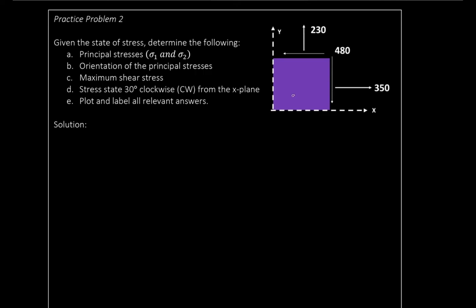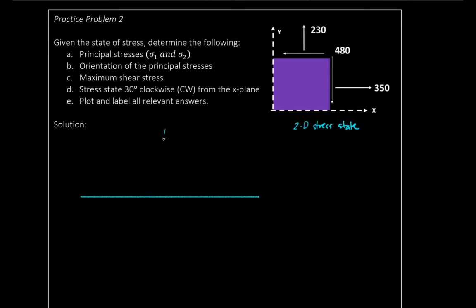In all of this, we want to plot and label all the relevant answers. Obviously this is a stress state along 2 axes, therefore we have a 2D stress state. When we have a 2D stress state, it's always easier to use Mohr's circle. So let's draw Mohr's circle here.